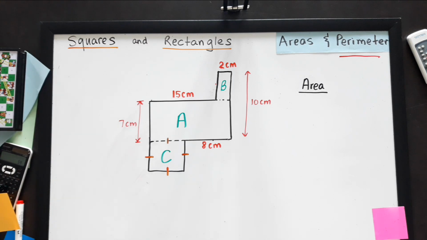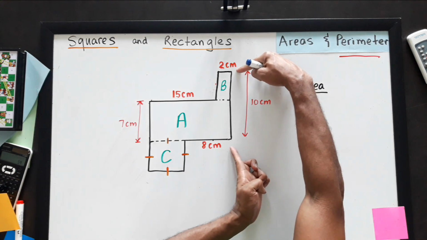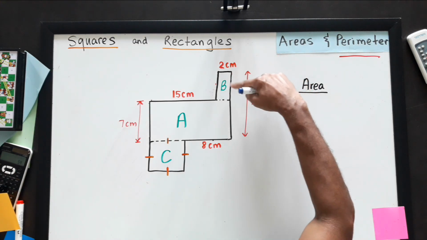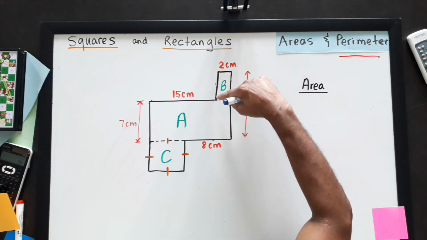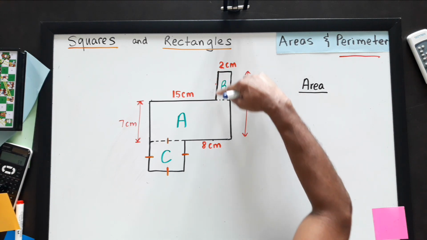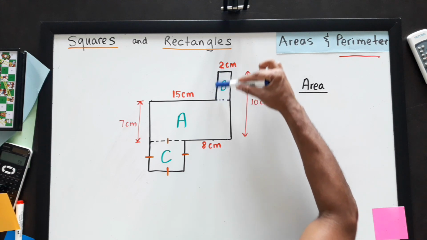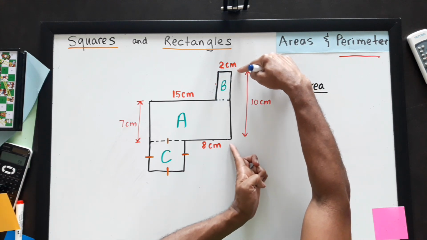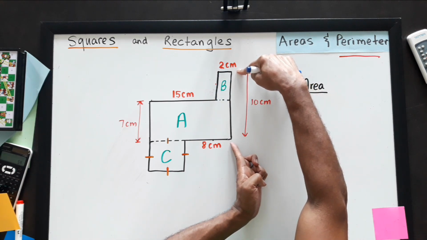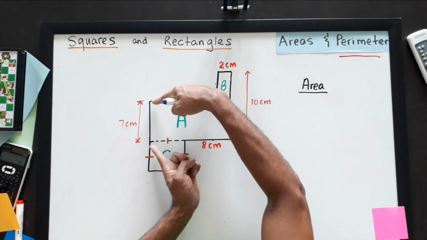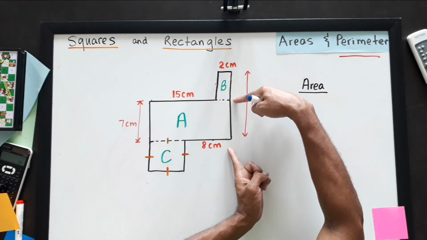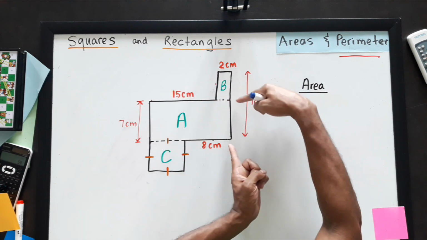So let's get started. You'll notice some sides are missing, so I suggest that we figure out those missing sides. Let's see. What's the easiest one? We know the distance from here to here is 10. We know the area of a rectangle is length by breadth. You will notice that the length from here to here is missing. So let's try to reason it out. If here is 10 and from here to here is 7, that means over here is also 7 because it's opposite to the 7.